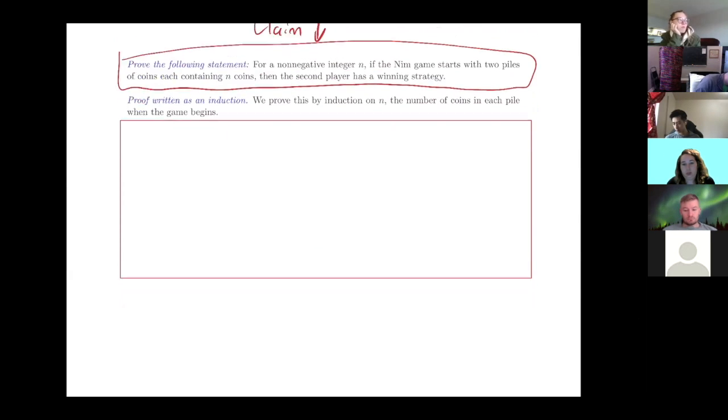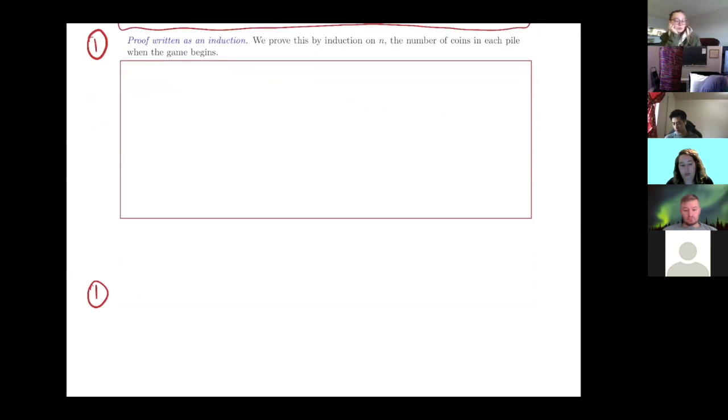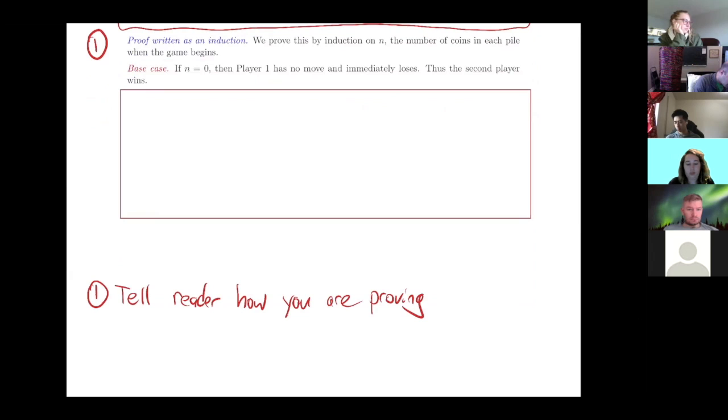So I'm just going to bullet out some important points here. So this is telling the reader what method you're using. Okay, then the next thing you do is prove the base case, right? So this is the first value of n, and we'll see some examples where our base case might be a couple of things, right?